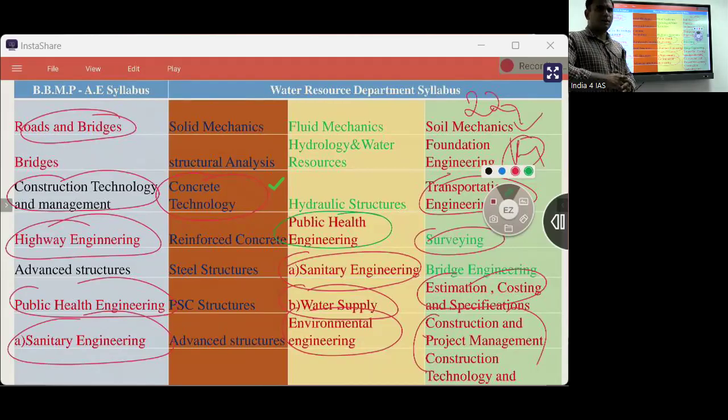Everyone knows Kannada well. Challenge for us also, for you people also.